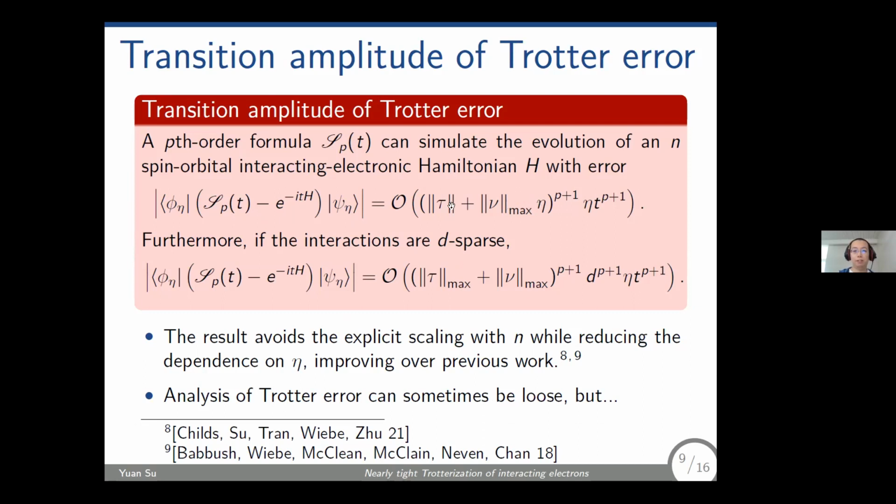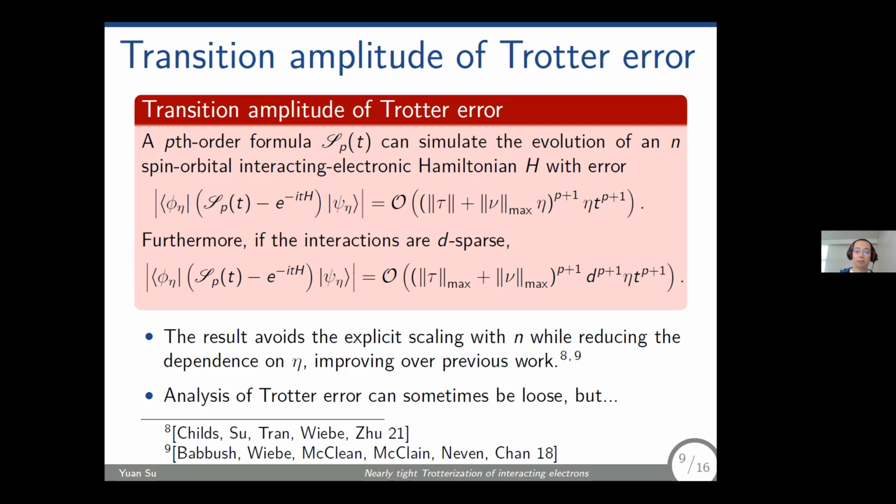We see there's a factor of tau here, the spectral norm of tau. We have the max norm of mu. We have a factor of eta here, the number of electrons. We also have this dependence on T. But there's no dependence on the number of qubits or number of fermionic modes. So we are really taking advantage of the initial state information.